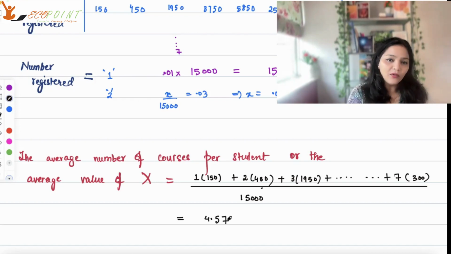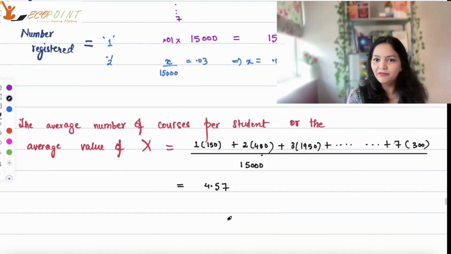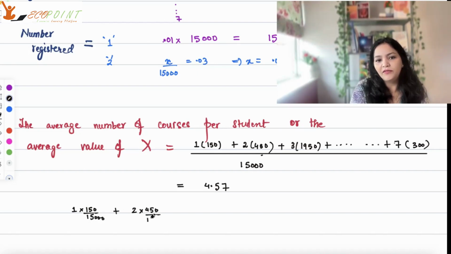Okay. Now, if you just break it, this is your usual mean formula, right? Now, if I want to break it up, in this scenario you have 1 into 150 upon 15,000 plus 2 into 450 upon 15,000.